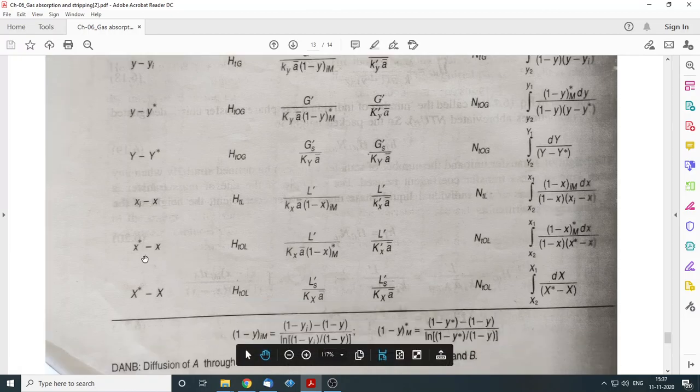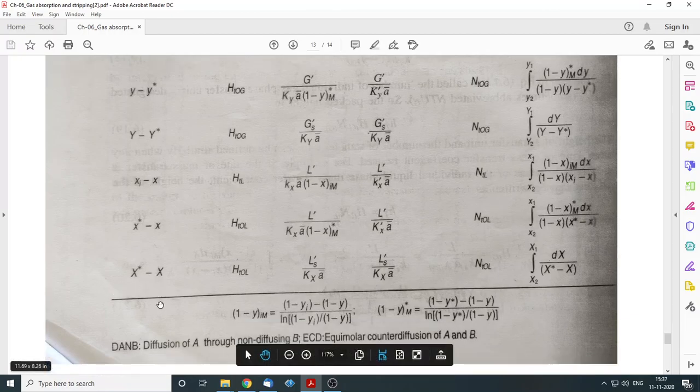And when it is x star minus x in mole fraction, then this will be the expression for height of transfer unit, this is the number. And if you calculate this in terms of mole ratio, you can make that calculation also.